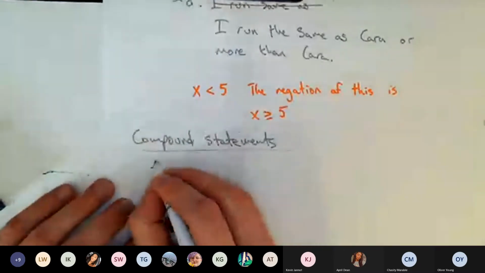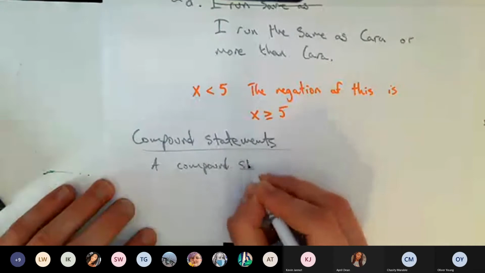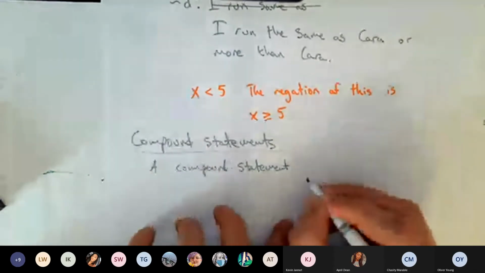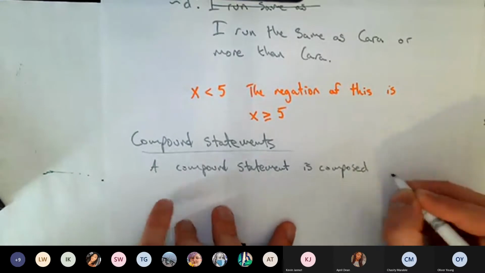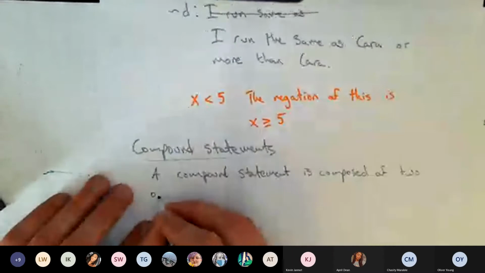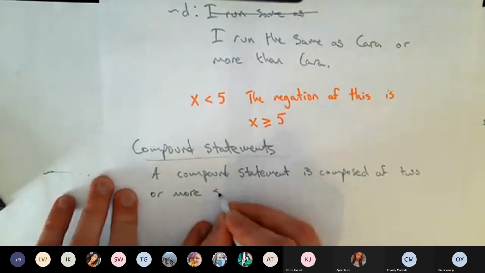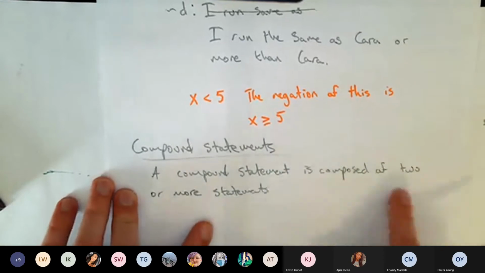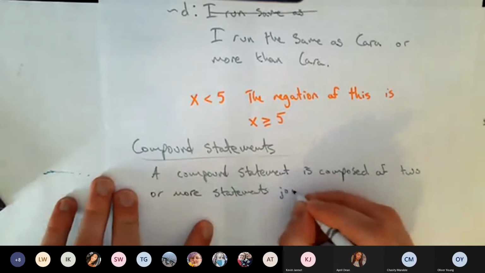A compound statement is all it is a statement that is composed of more than one, so two or more statements. So the statements we've been looking at, but how do I stick them together? It's composed of two or more statements, and how do I add them together?